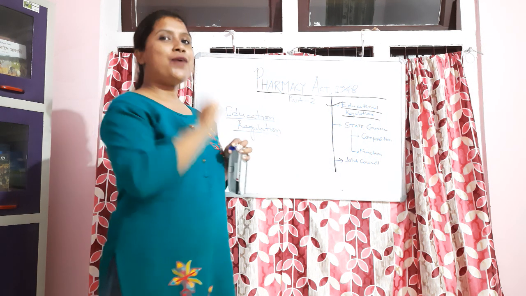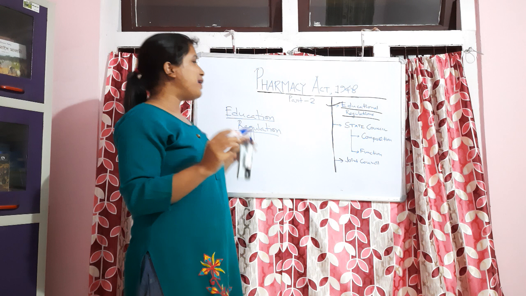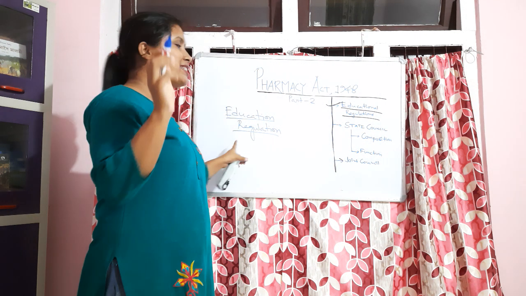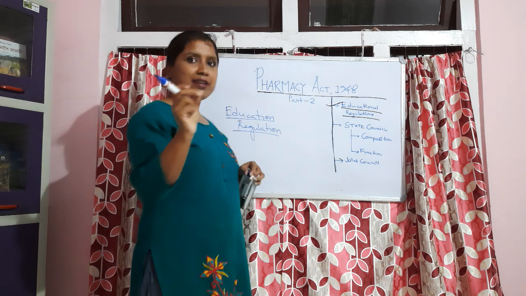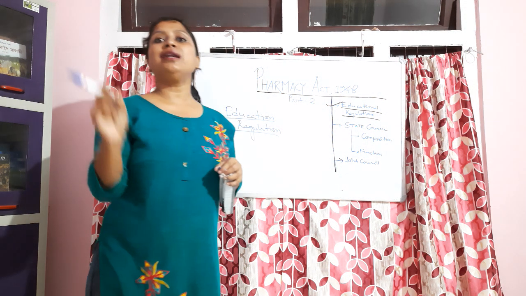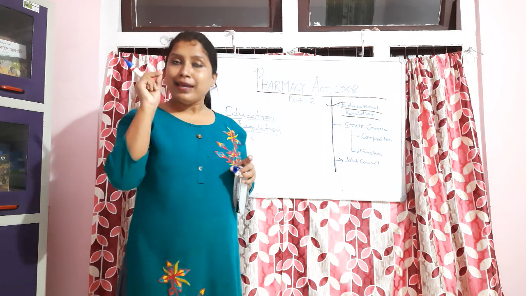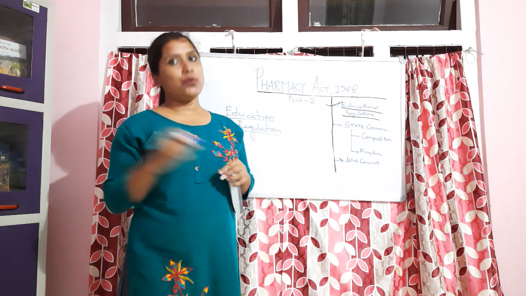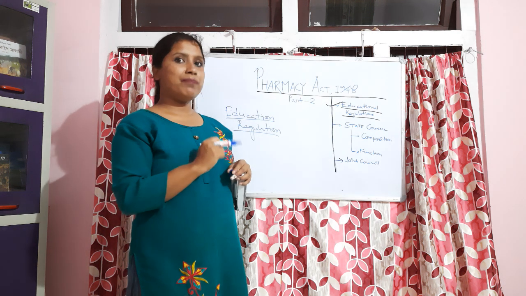We have to ask this only because of education regulation. PCI has made some standards to get admission to a pharmacy degree, diploma or master degree course. This is the first thing.